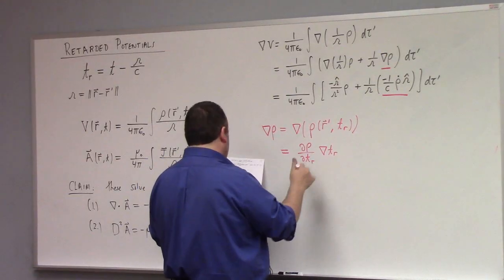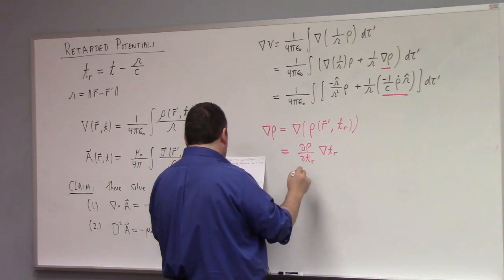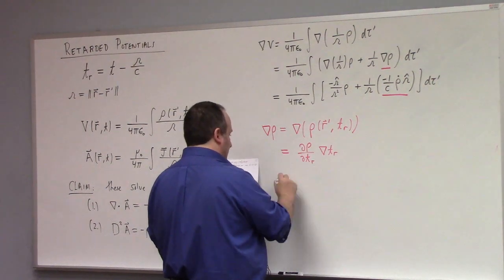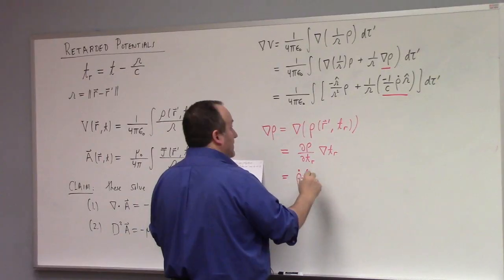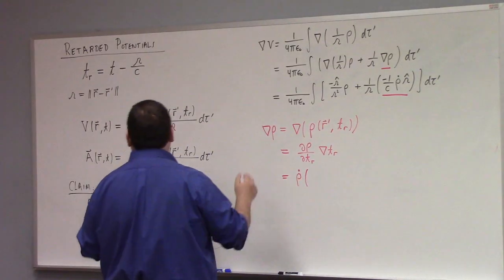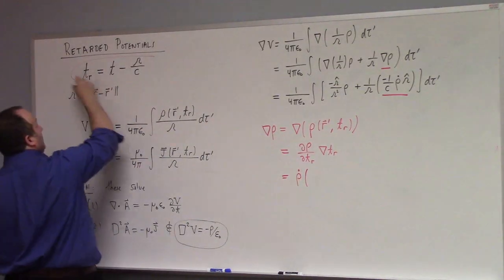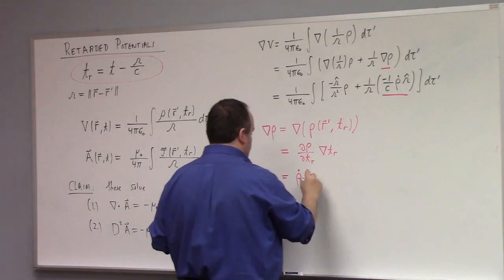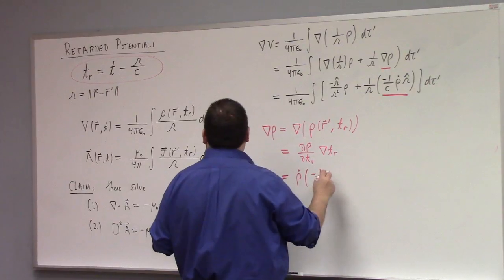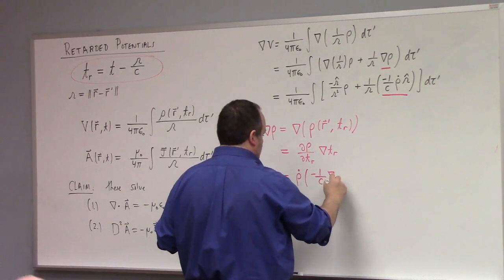I denote that by just rho dot. All right, that's rho dot. And then what was t_r? Oh, here it is. So that gives me minus 1 over c and the gradient of script r.